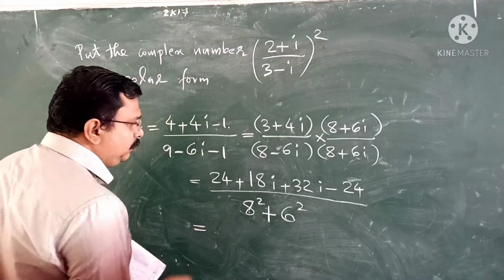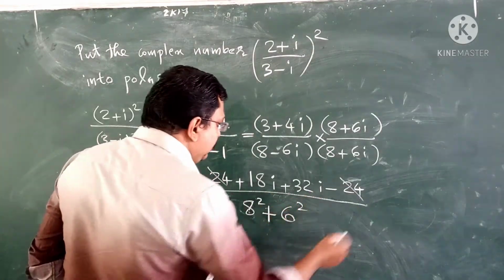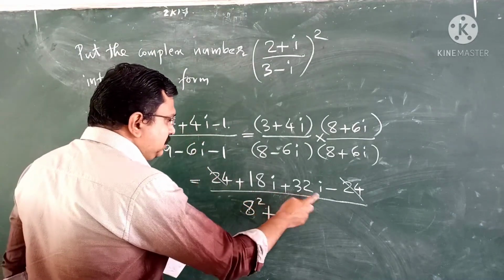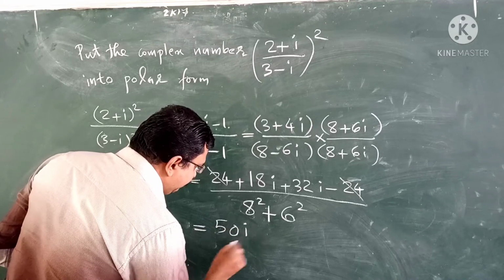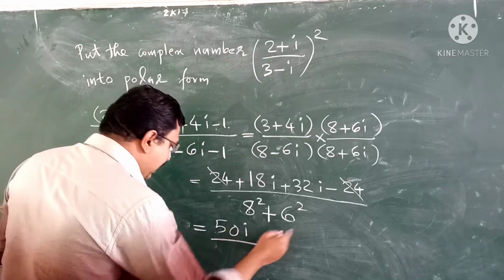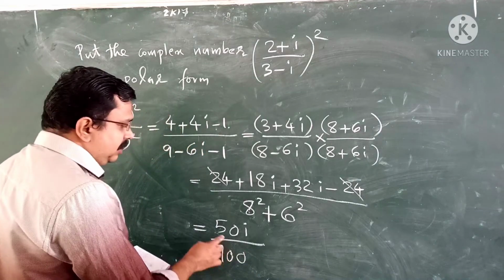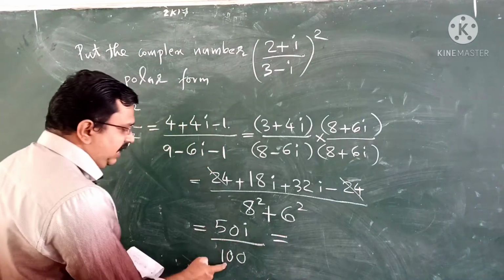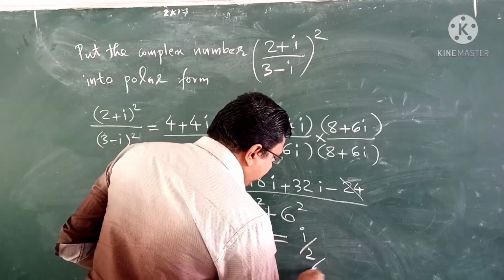Here 24 and 24 cancel. Then 18i plus 32i is equal to 50i divided by 100, since 8 square plus 6 square is 100. 50 and 100 cancel, then we get i by 2.